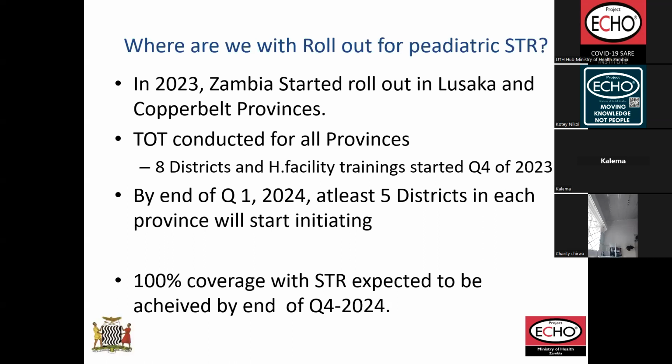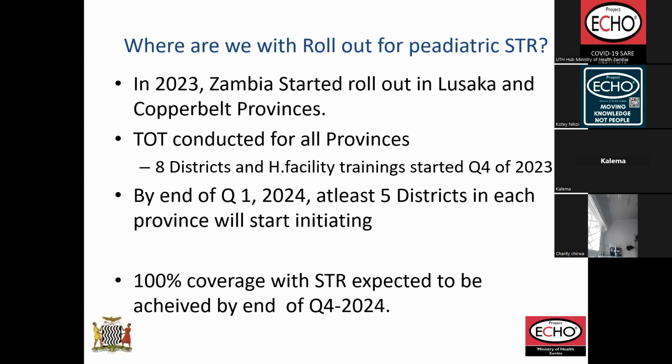Our plan is that by end of Q1, at least 5 districts in each province should start initiating the shorter treatment regimen. We started with Lusaka and Copperbelt to learn lessons, and I think we've learned many lessons. The first cohort completed their treatment in December last year. So we are now in full gear to roll this out to other provinces.